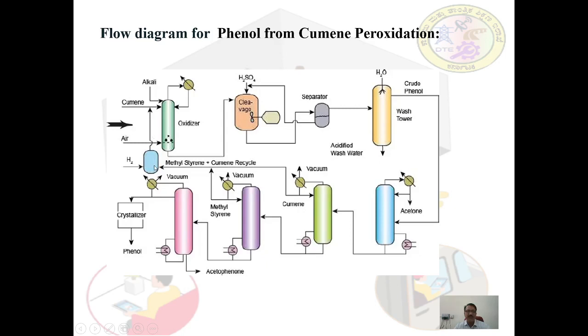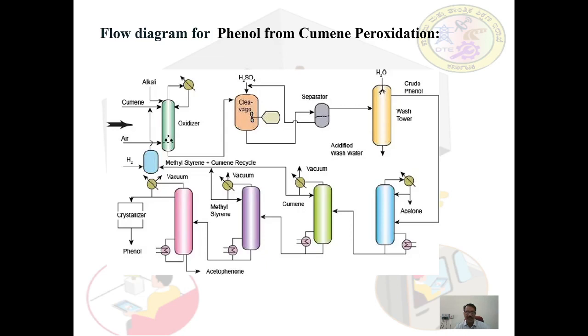The unsaturated compounds and alpha-methylstyrene are converted to saturated materials to avoid the undesirable decomposition of the peroxide during the oxidation step. Hydrogen over nickel catalyst at about 100 degrees centigrade in a batch reactor is used for purification.